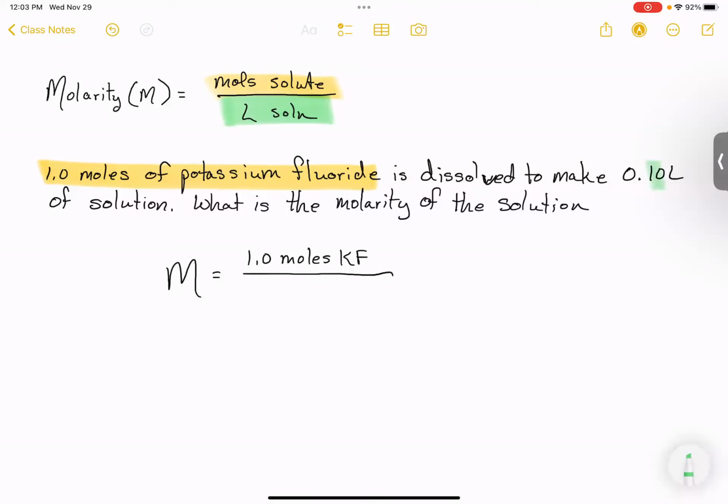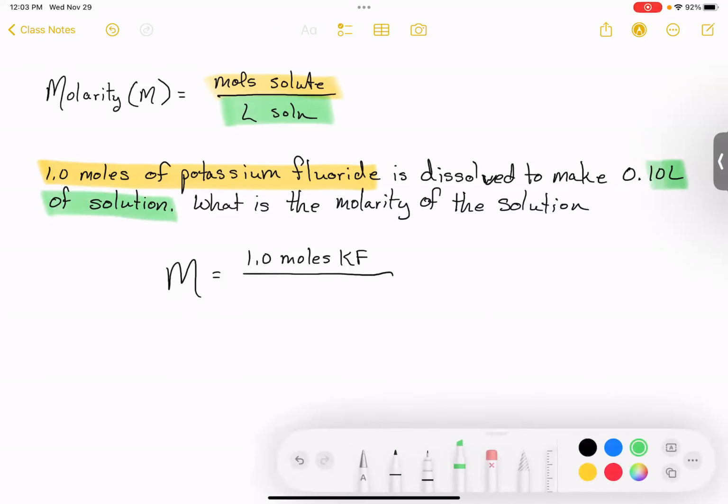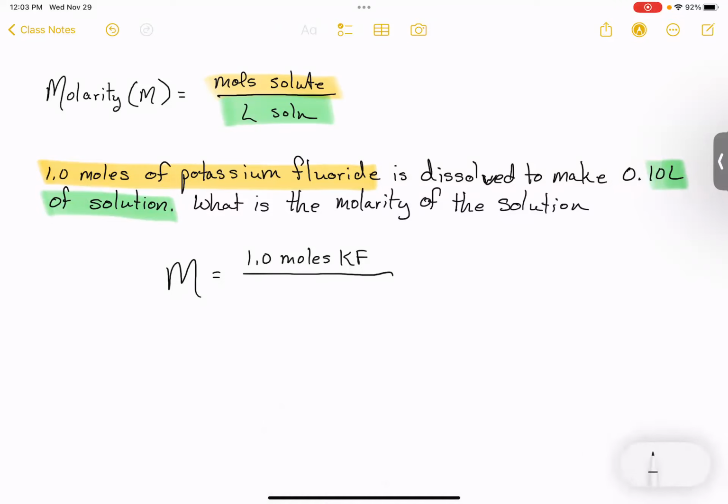And I was given liters of solution. So that would be 1 mole of KF placed over 0.10 liters of solution. And when we calculate that, we should get 10 if I'm not mistaken. Yes, you get 10 molar KF solution.